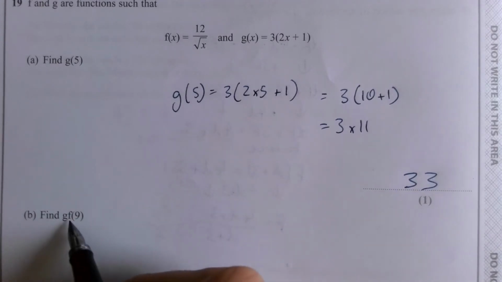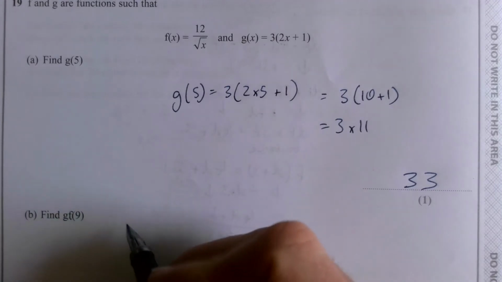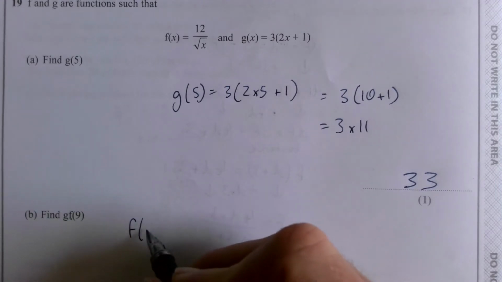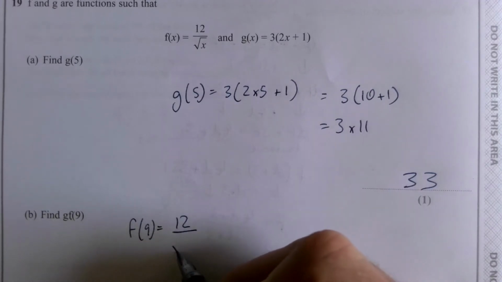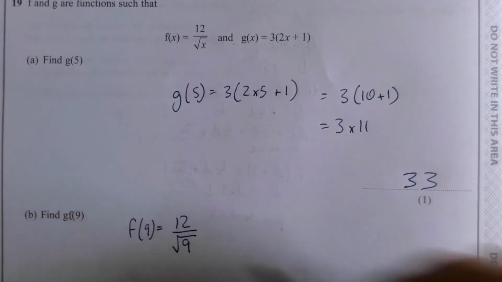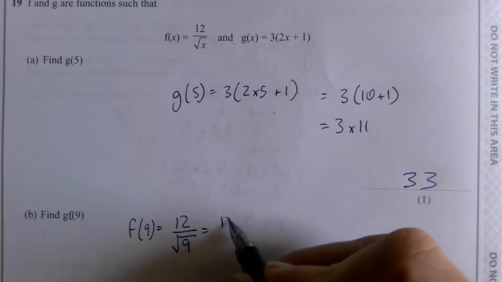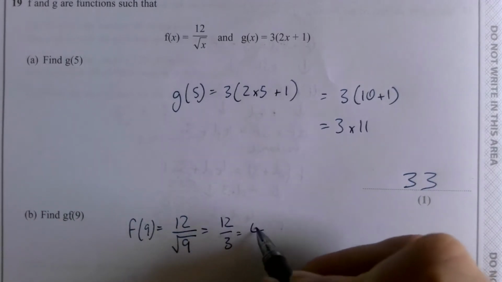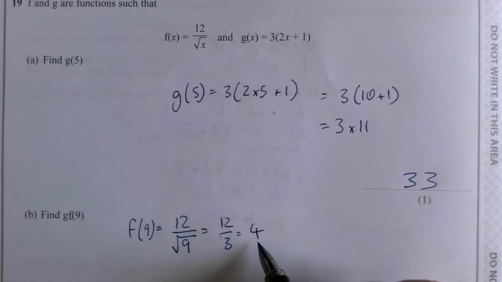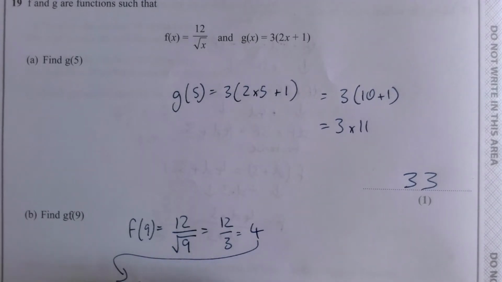So when this happens, you do the function closest to the bracket first. So I'm going to send 9 through function f. 12 over the square root of 9. The square root of 9 is 3, so it's 12 divided by 3, which is 4. I now put 4 into the g function.